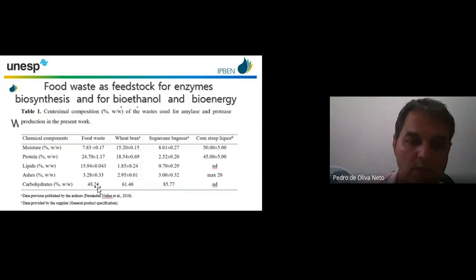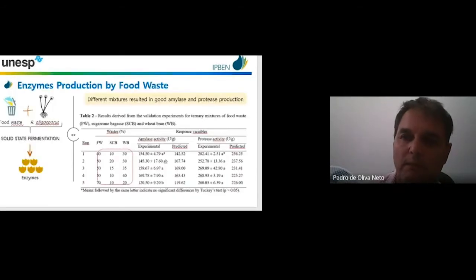For example, we have about 48% of carbohydrates in our numbers, and lipids about 16%. So we can produce biodiesel and bioethanol together from the same feedstock when we hydrolyze them.